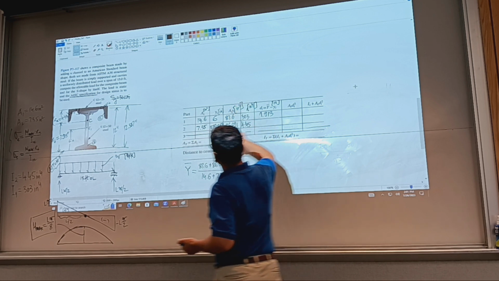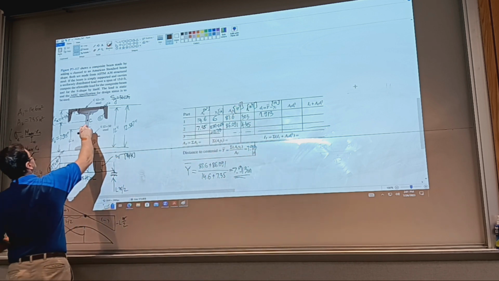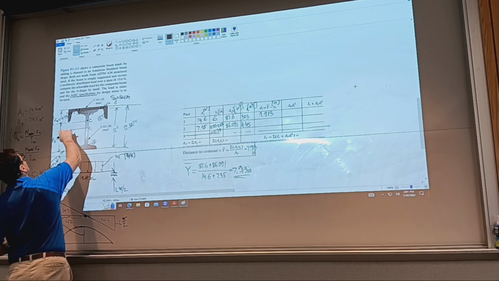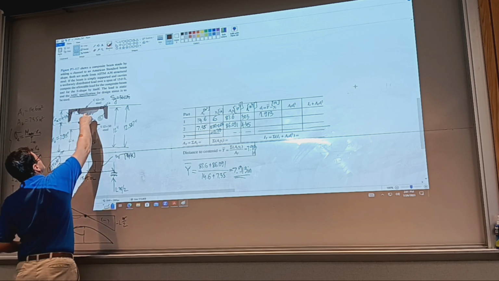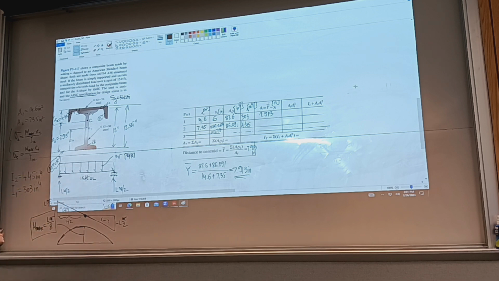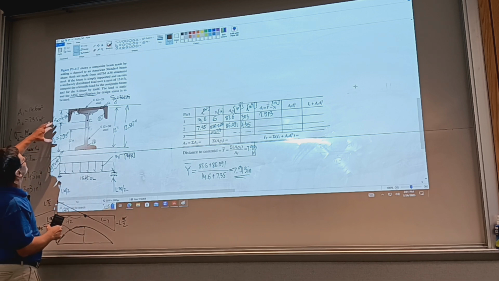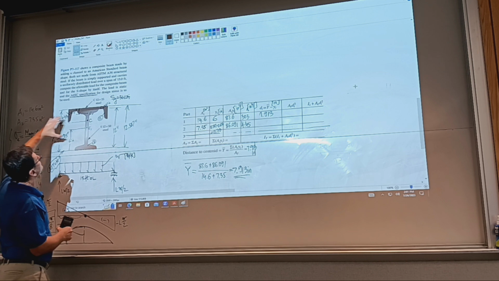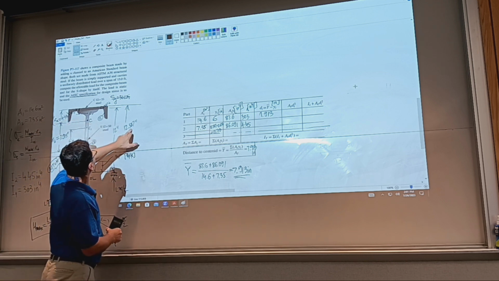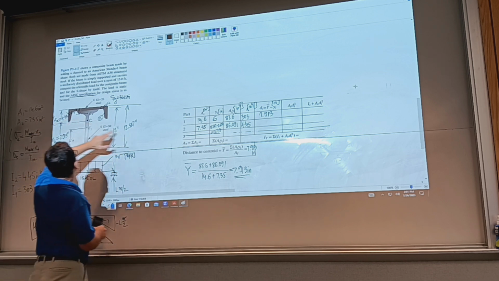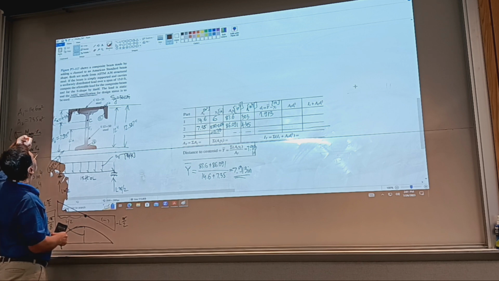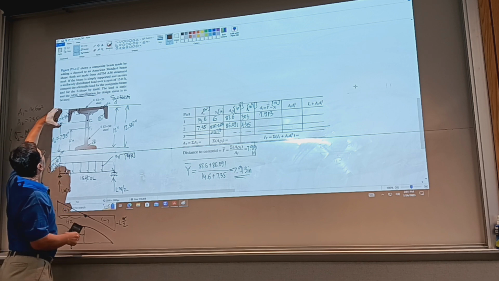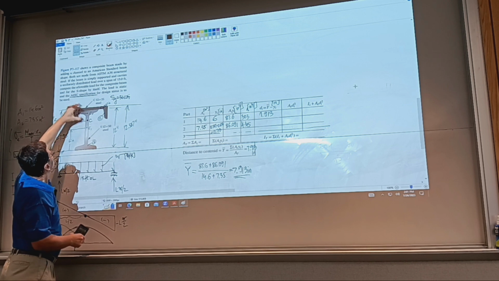And then the second one, I need to find the distance from here to the centroid of just the C channel. And that's going to be the easiest. If I subtract from this value, I get this.